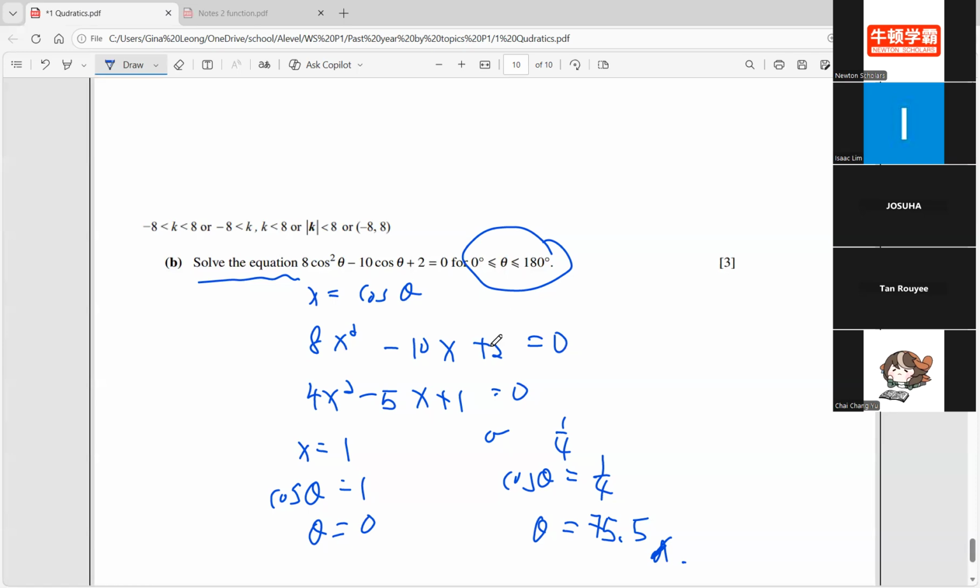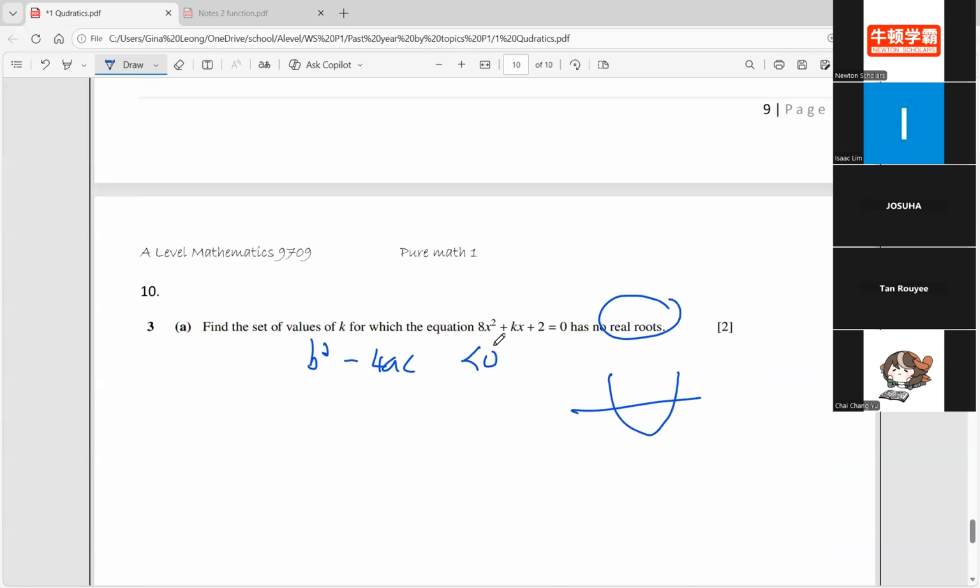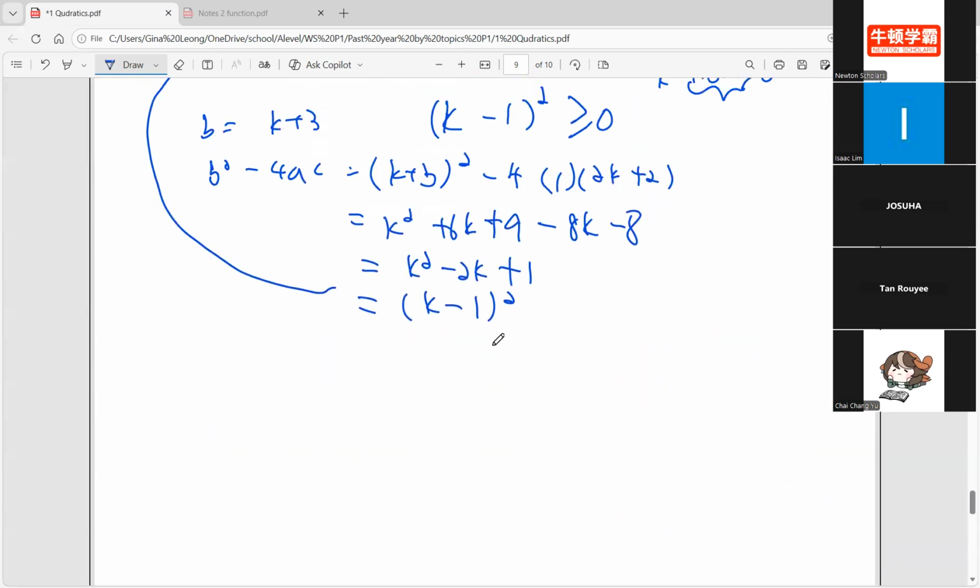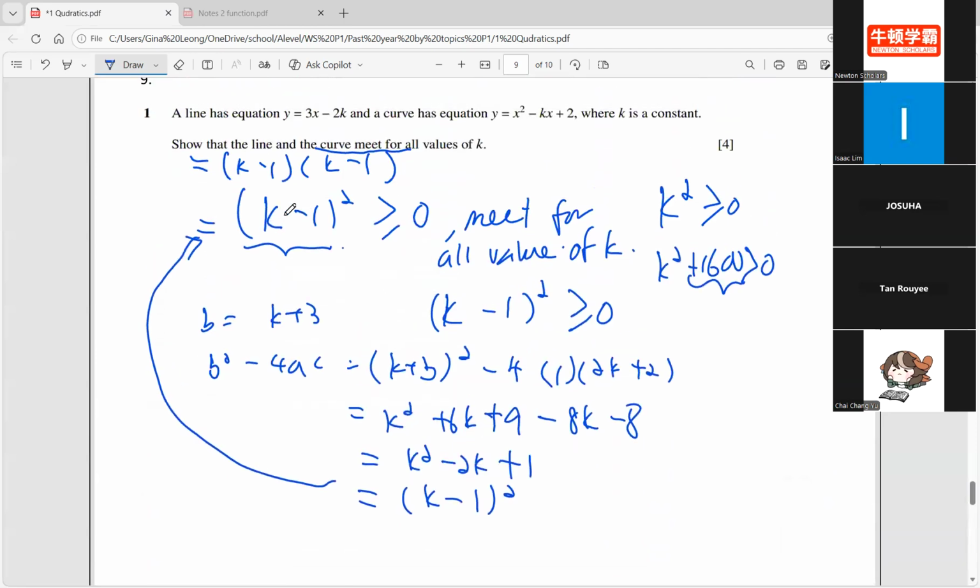Then you have to write more than 0, like this. This one, k minus 1 squared more than 0. Then it is met for all values of k.